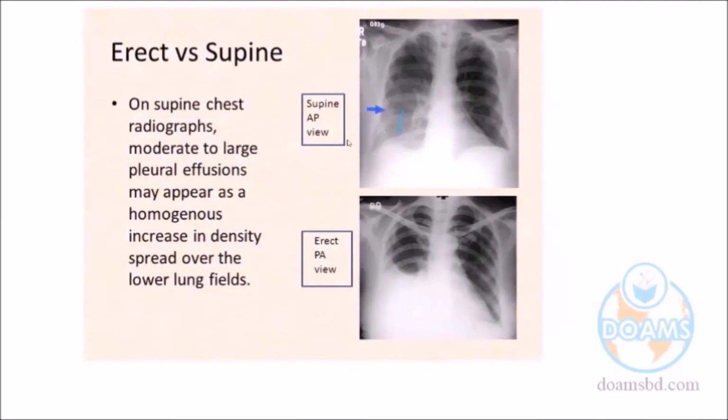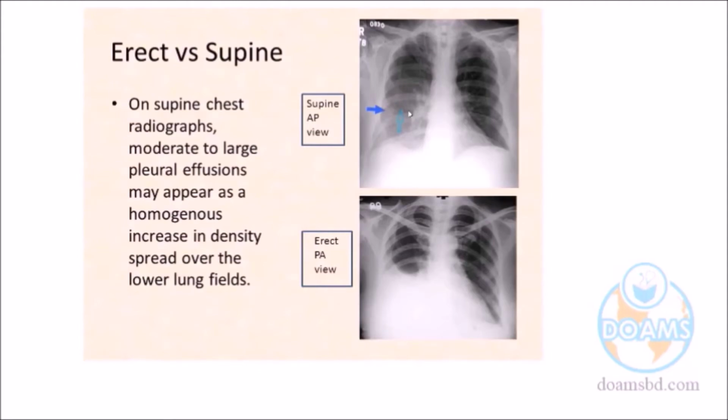You see that this is a supine AP view, and this is the erect posture. In the erect posture, we are much habituated to looking at this X-ray. You see that this is pleural effusion: a lower dense opacity with a curvilinear upper margin. Everybody will tell that this is right-sided pleural effusion. But if you look at the upper X-ray, it is much different.